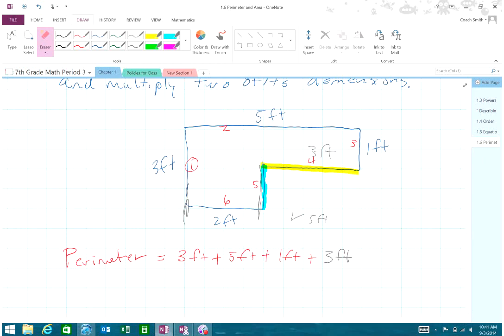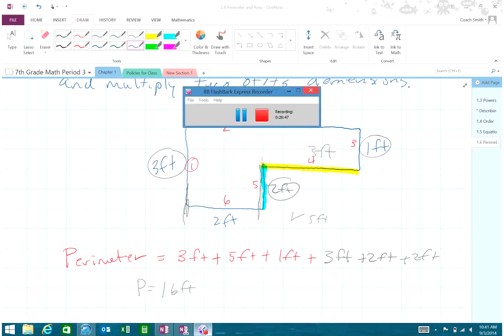What's side 5? 2 feet. Because here's 1 foot, 2 foot has to equal the 3 foot. Okay? Now, the last one is 2 feet. So, you add all those up. 3, 5 is 8, 9, 12, 14, 16 feet. All right. Now, so we had 16 feet is the perimeter.